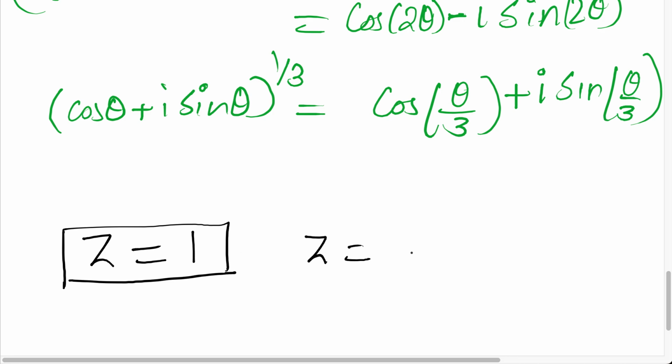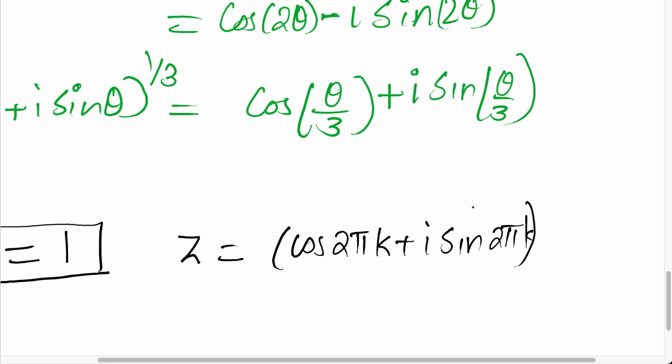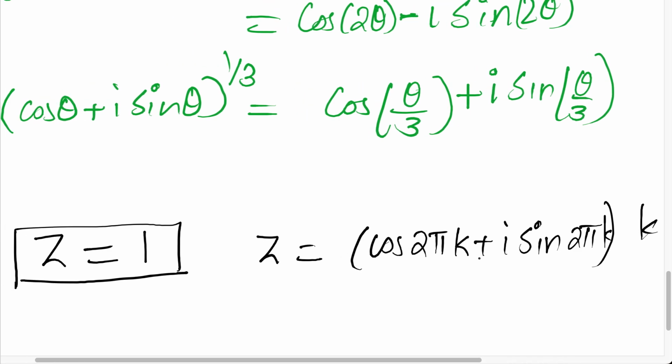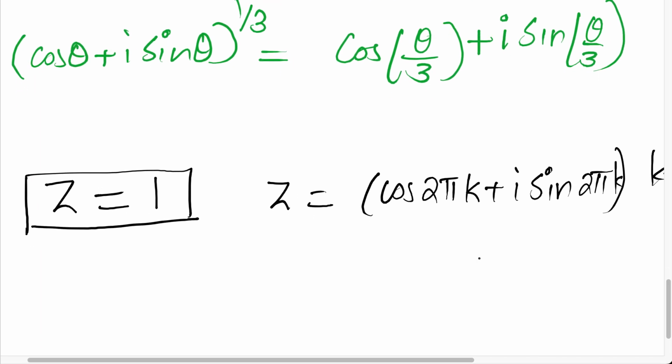Well, z could be cos of 2 pi k plus I sine of 2 pi k. What is 2 pi k? All integer multiples. So k belongs to integers. All integer multiples of 2 pi will have cos 2 pi as 1 and sine 2 pi as 0. So z will be 1.